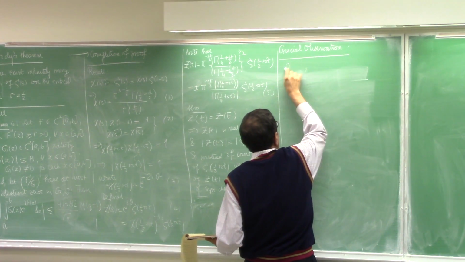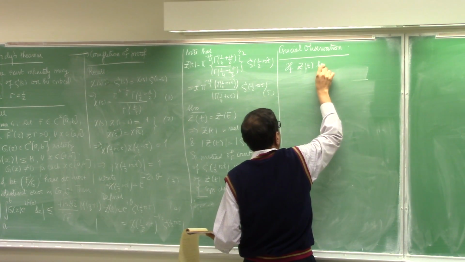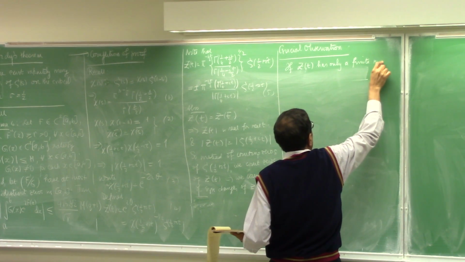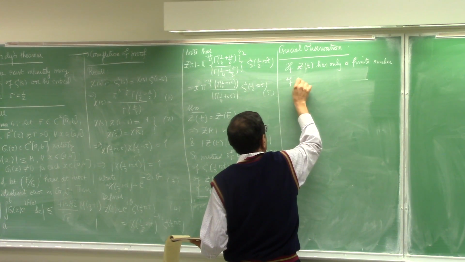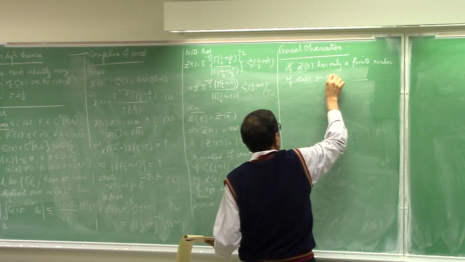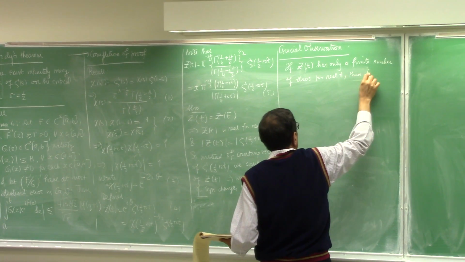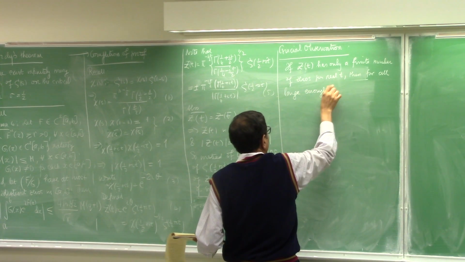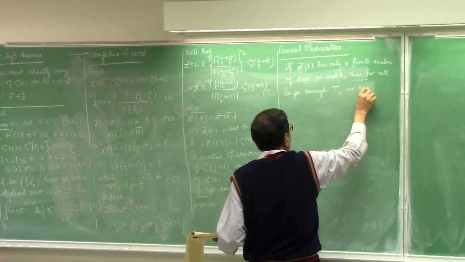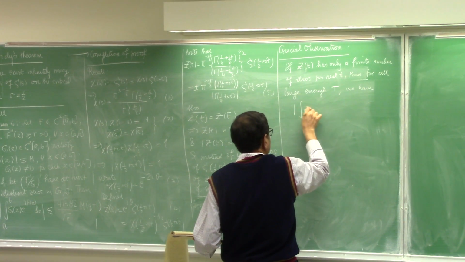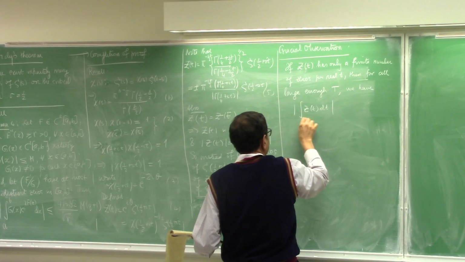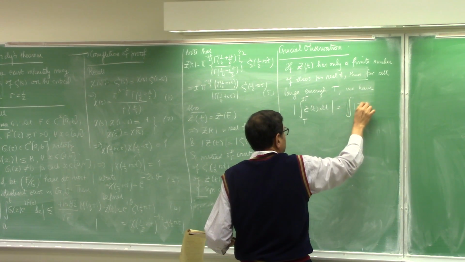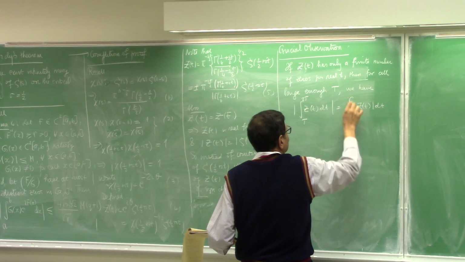So the crucial observation is, if Z(t) has only a finite number of zeros for real t, then for all large enough capital T, we have the absolute value of the integral of Z(t) dt from T to 2T must be the integral of the absolute value of Z(t) dt from T to 2T.